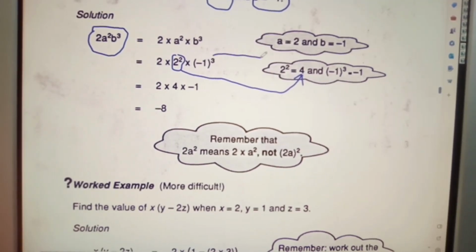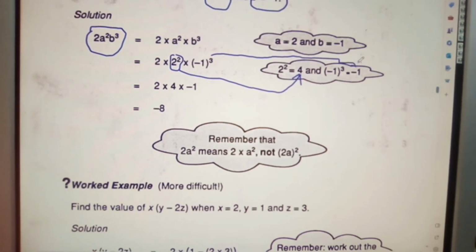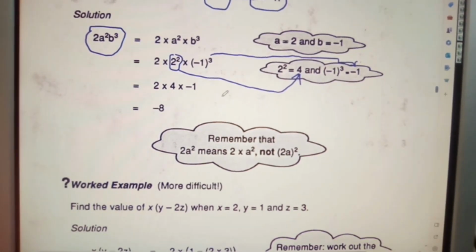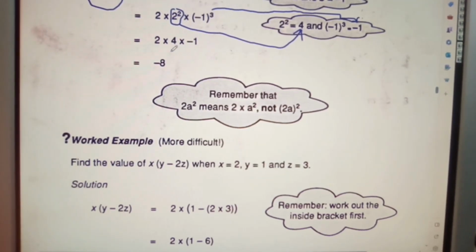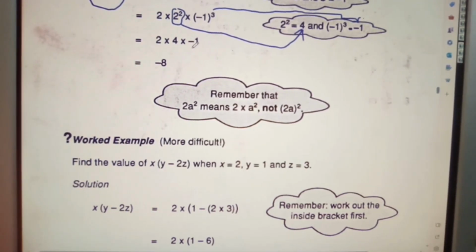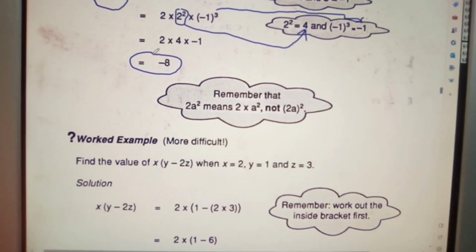So we bring that up to here, and we can bring that along to here, okay? And that represents that here, okay? So we have 2 times 4, 8. 8 times -1 becomes -8, okay? And that gives us our answer here, okay?